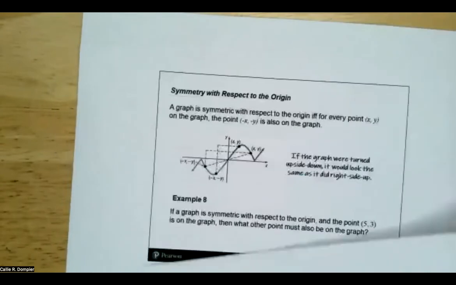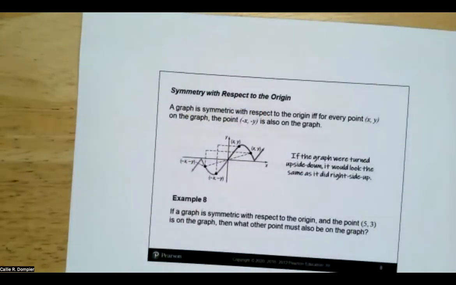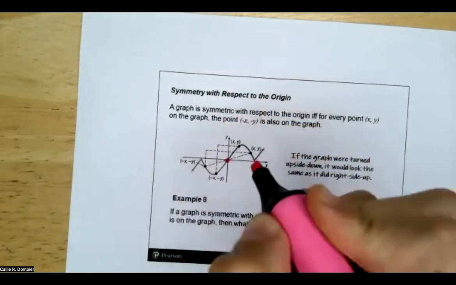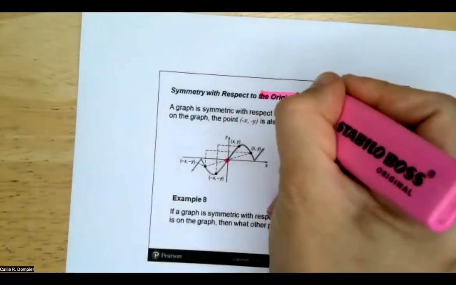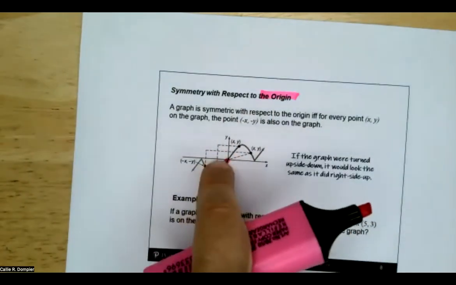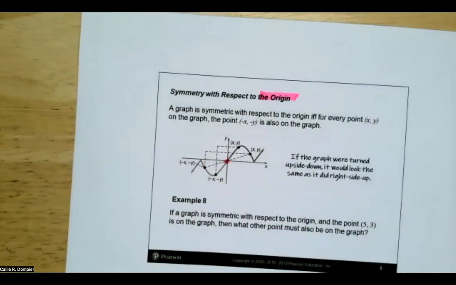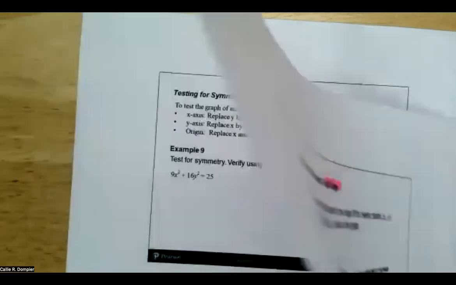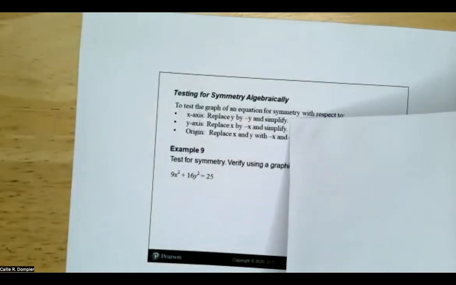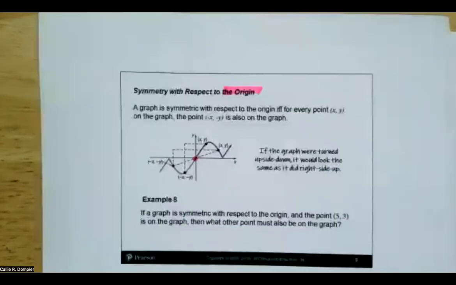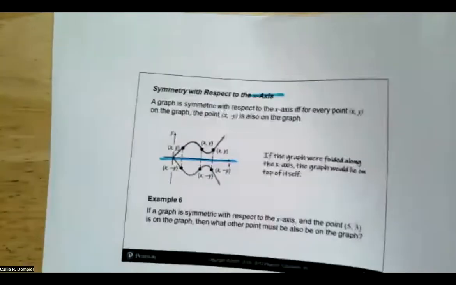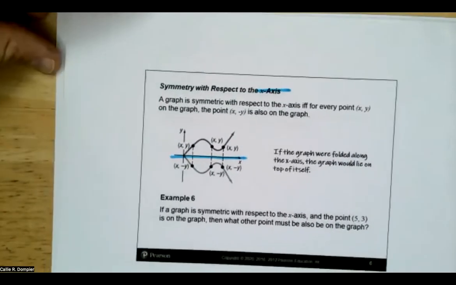Third way is symmetry with respect to the origin, which just means is it symmetrical according to the origin, just that one point, no line, and then how to test for that algebraically. Then we'll be done. A lot though.